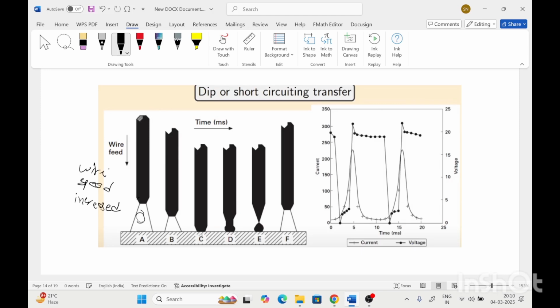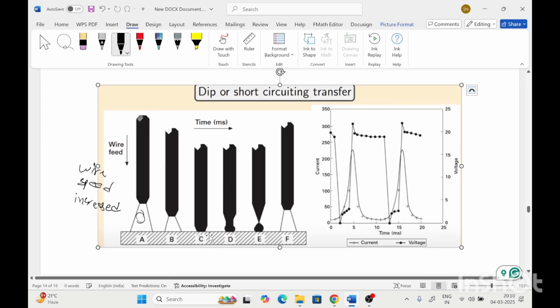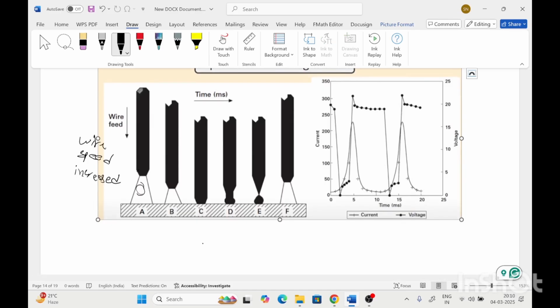And because of the joule heating created at the point of the electrode tip and workpiece, the joule heating will lead to the melting of the electrode, and the molten electrode will be retracted, means move back a bit slowly to generate the metal droplet.